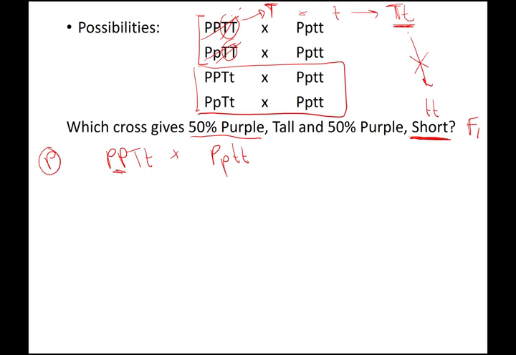They would all carry the dominant form of the color of the flowers, and they could either have the dominant form for the height or the recessive form for the height. For these plants here, this will give you the same combination. So half of them will be purple allele and short allele, and the other half will be with this same combination, with both recessive forms of the alleles.